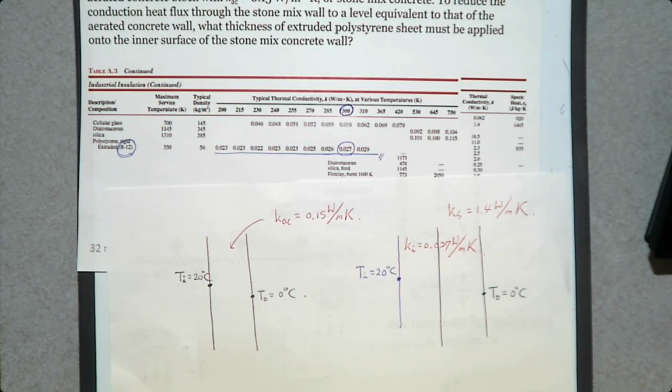So instead of using this expensive material to build this basement wall, we are going to use this cheap stone mix concrete. However, to minimize the heat loss, we are going to add the insulation. And how thick this insulation should be to have the same heat loss between these two. So that's what we want to determine.